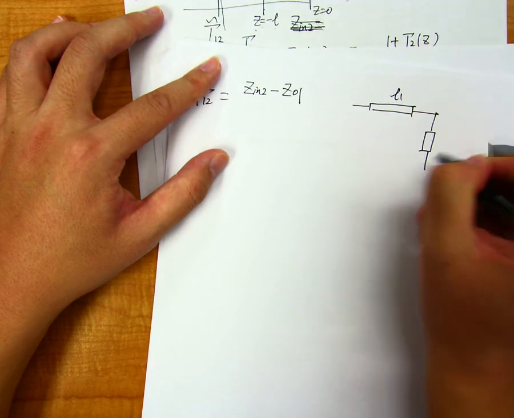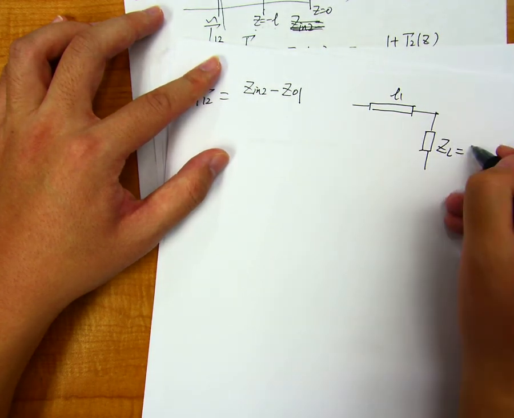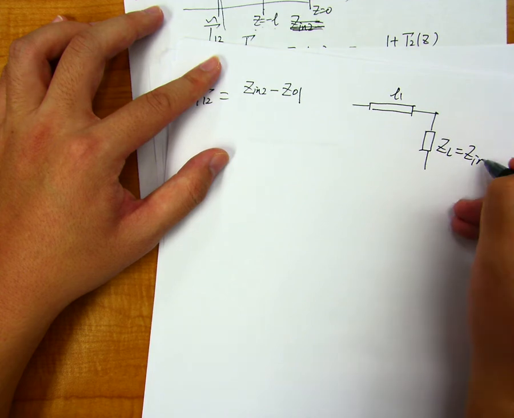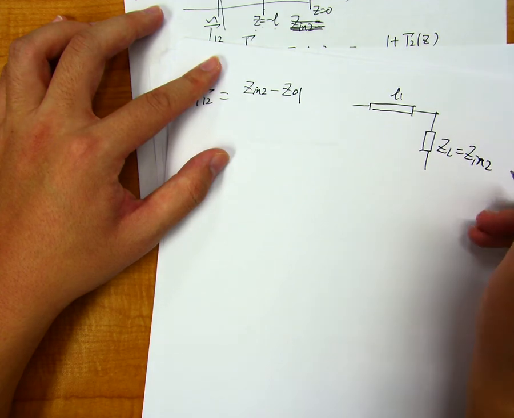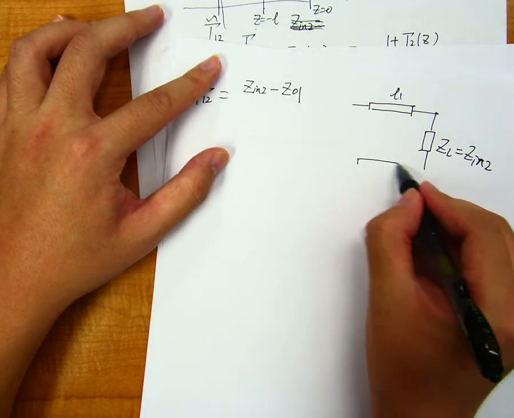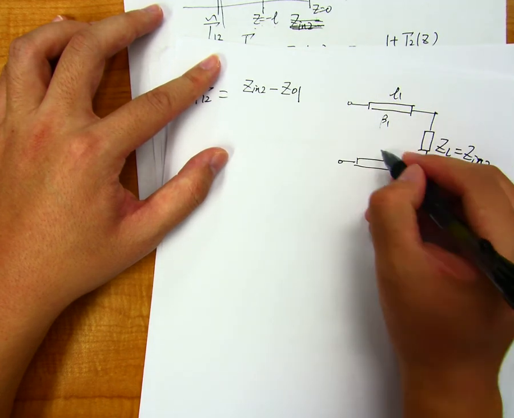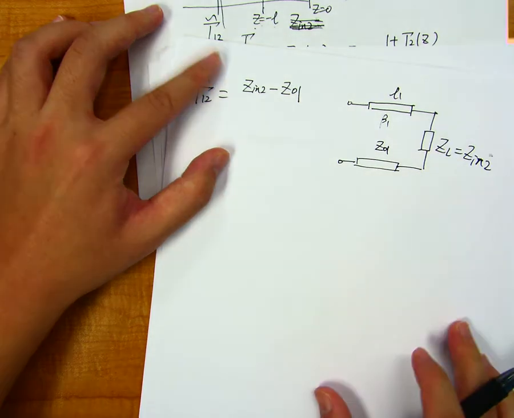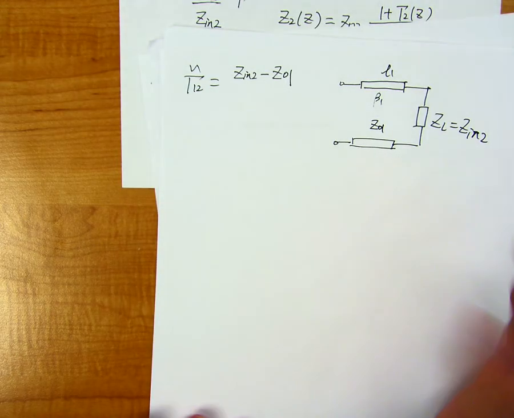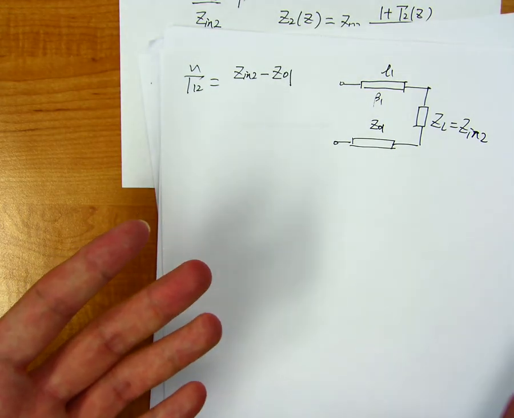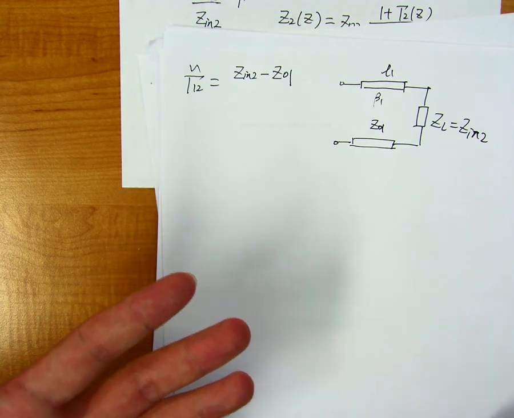This is Z_in2, right? Z_L equals Z_in2, right? Okay. And we have beta 1, Z01 here. So again, we just have a transmission line with an impedance termination.